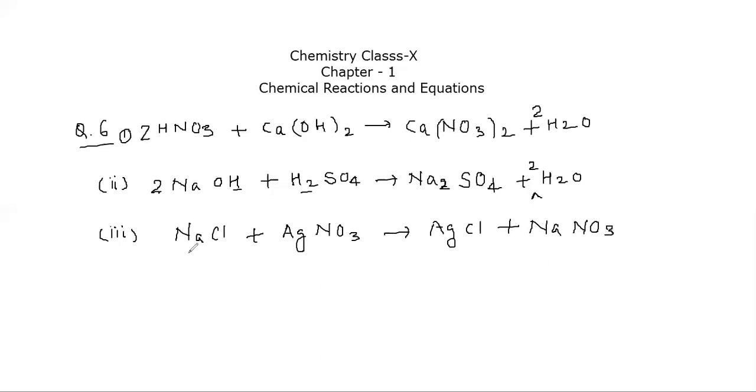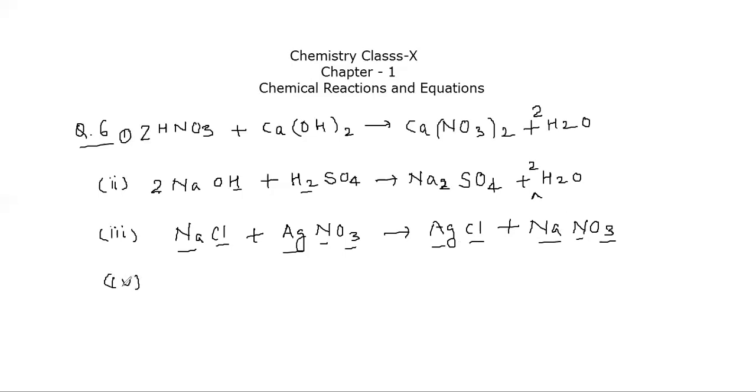Here, if we count the number of sodium atoms, LHS is 1 and RHS it is 1. Ag it is 1, it is 1. Cl here 1, here Cl 1. Then N on both sides 1 and oxygen on both sides 3. So it is a balanced chemical equation.